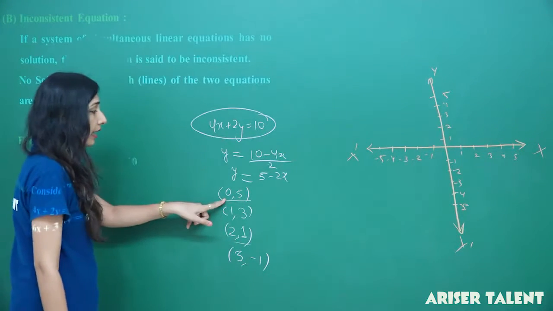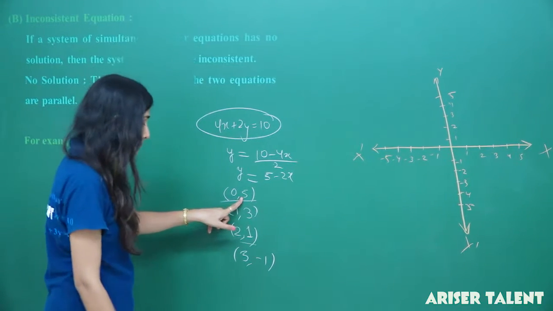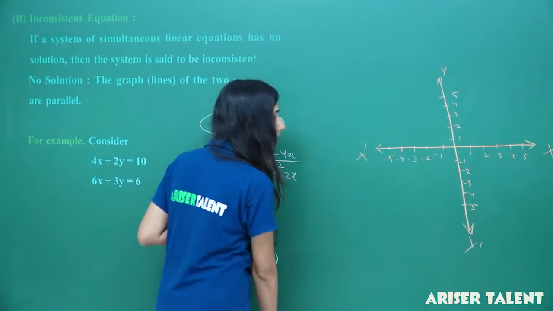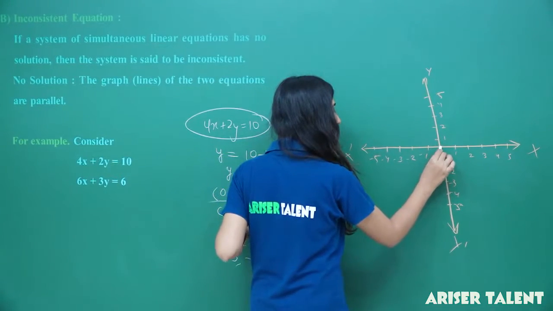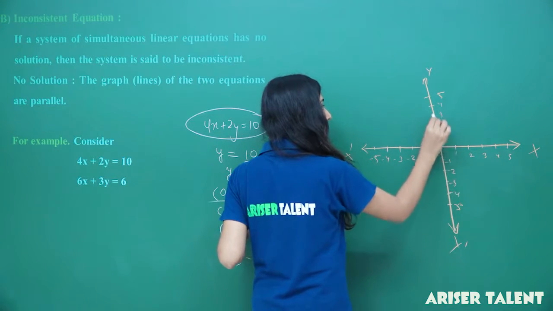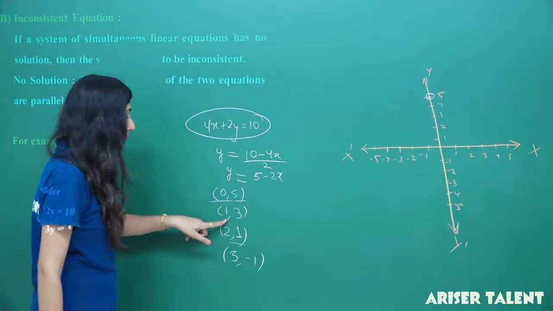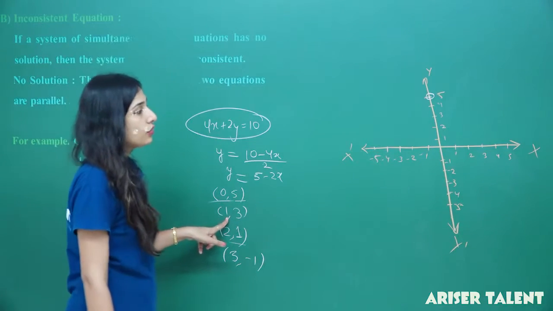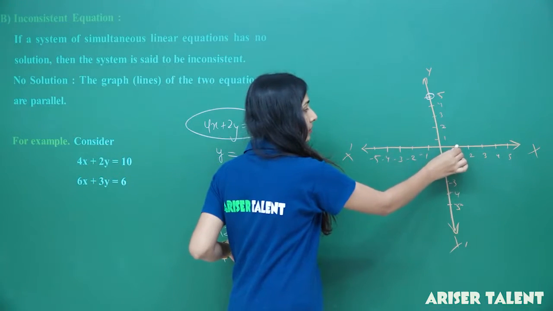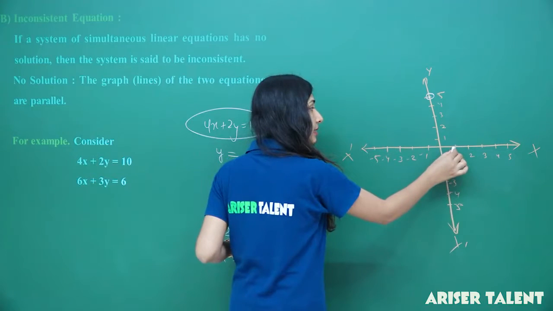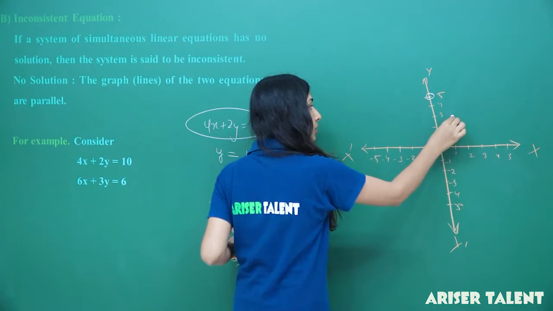Now at x equals 0, y equals 5, so this point is one point. The second point is 1 and 3, so 1 is here at x and 3 is here.